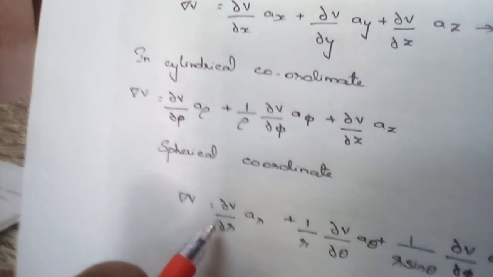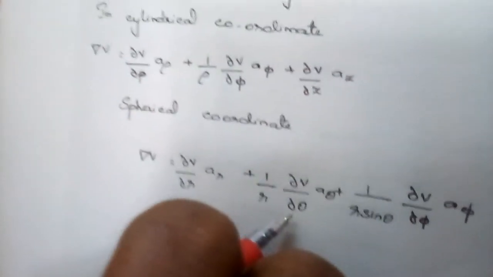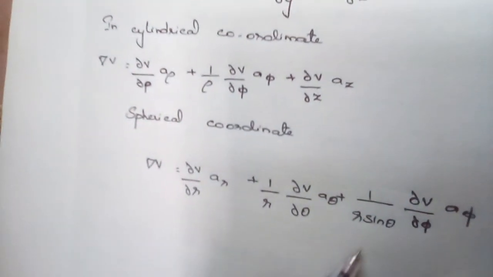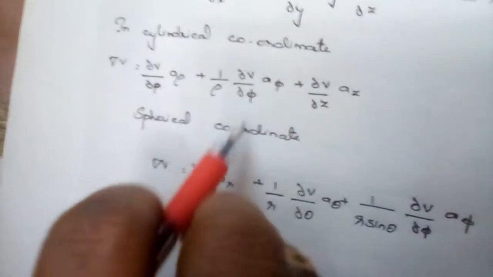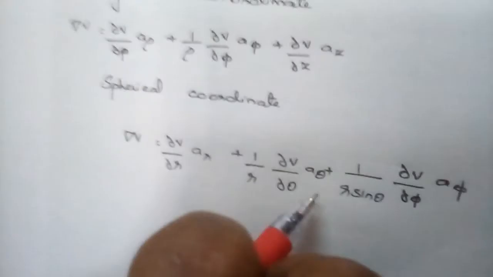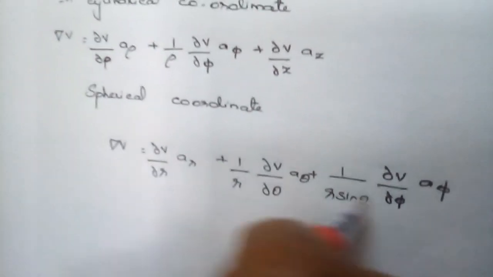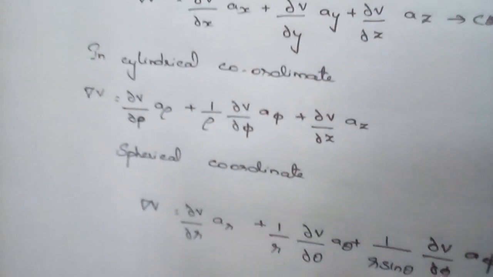The spherical coordinate expression is del V equal to dou V by dou r into ar plus 1 by r dou V by dou theta into a theta plus 1 by r sin theta dou V by dou phi into a phi. Cylindrical coordinates are expressed in rho, phi and z; spherical coordinates in r, theta and phi. With these three notations, we express del V in terms of x, y, z, rho, phi, z, and r, theta, phi.